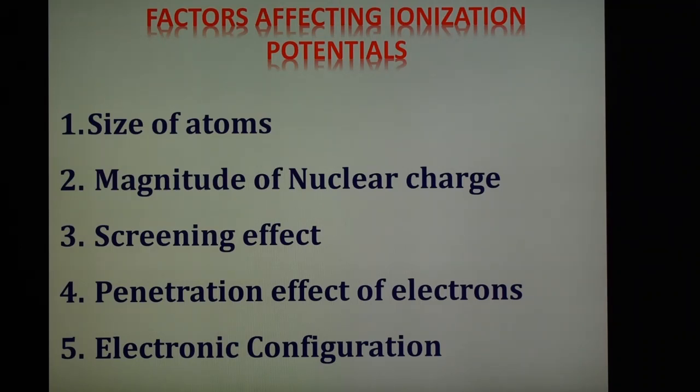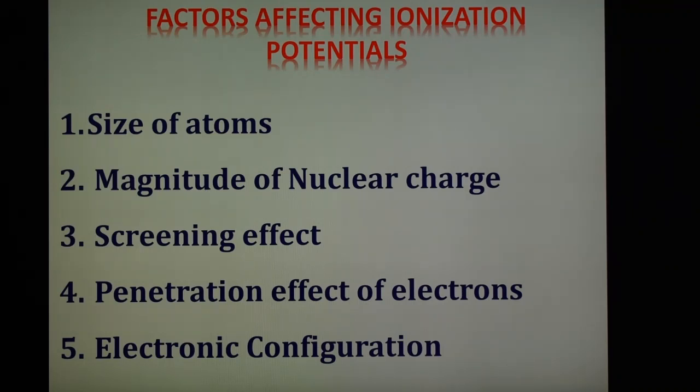And last, the electronic configuration factor also affects the ionization potential. It is observed that certain electronic configurations are more stable than others. An atom having a more stable configuration has less tendency to lose an electron and has a high value of ionization potential. We can give some examples here. The noble gases have a stable configuration, that is ns2 np6, 8 electrons.